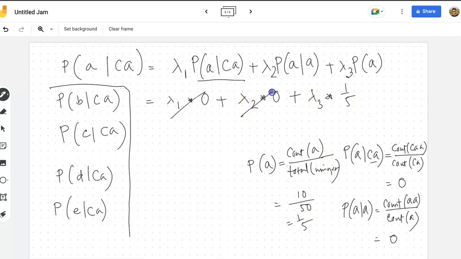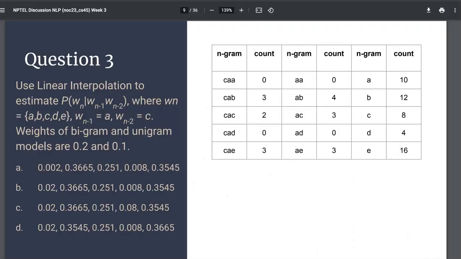Now these other terms are 0 already, so we should not calculate them. So it is lambda 3 into 1 by 5. Now what is lambda 3? It's the coefficient for the unigram. Let's see in the question: the unigram weight is 0.1.